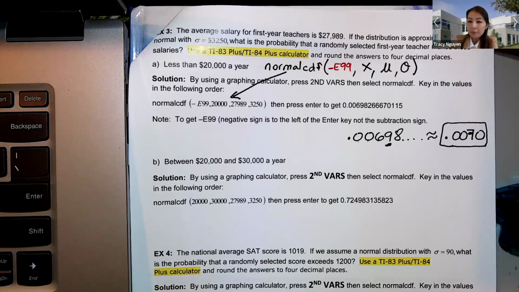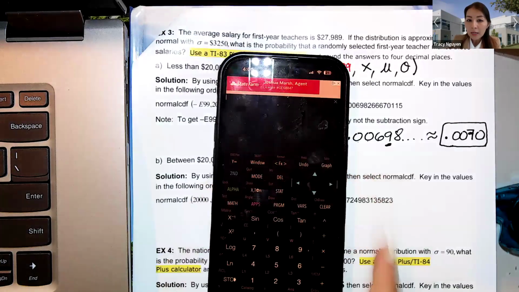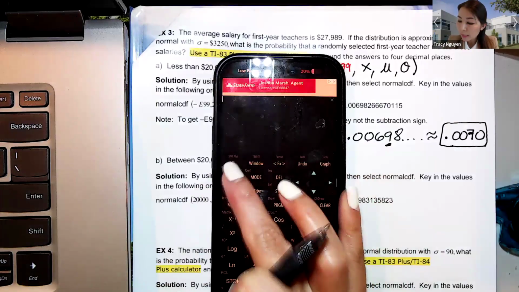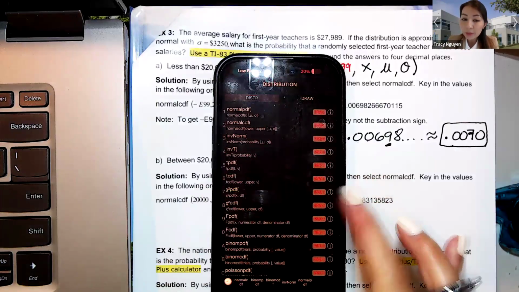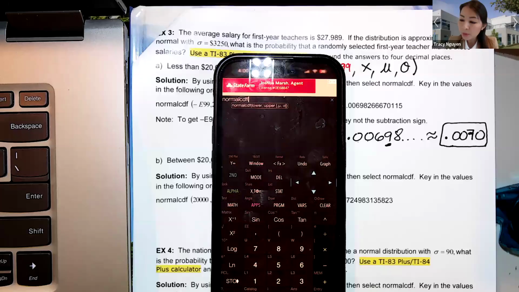Okay, all right. So let me get to the phone app, and I'll show you one more time on the phone app here. We're going to go to second bar. We go down to number 2 for normal CDF.